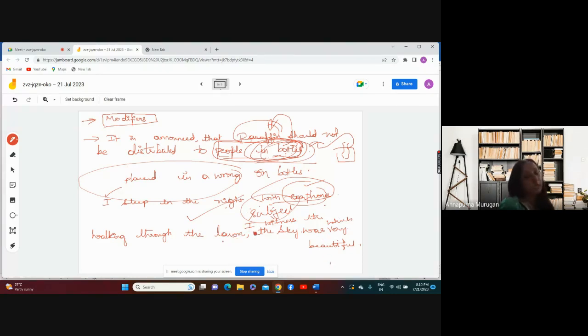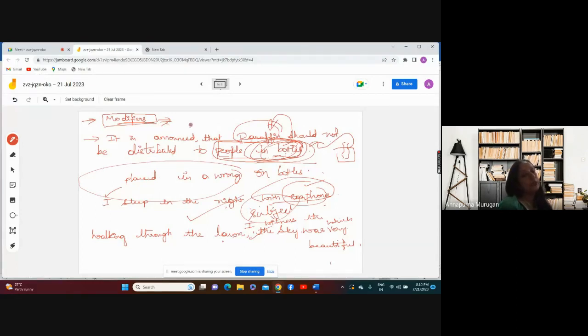So here the subject is missing. This also happens. We use many phrases, but we end up not using the subject. So make sure that whenever you use sentences, one thing is the describers. Modifiers, as the name suggests, describe.